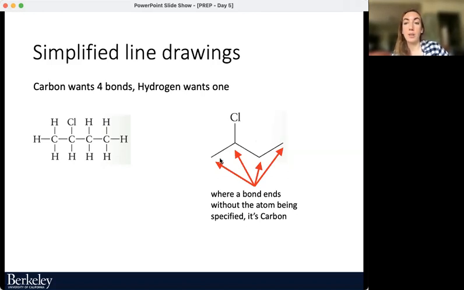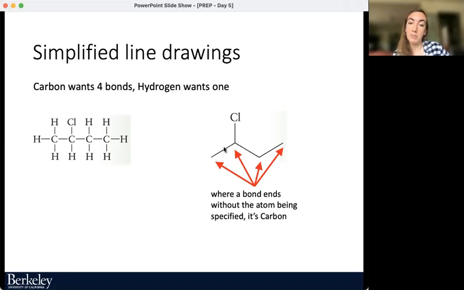And then we also know that carbon wants 4 bonds. So wherever we have drawn a carbon without 4 bonds, the extra missing bonds are bonds with hydrogen. In this case, we have a carbon right here.